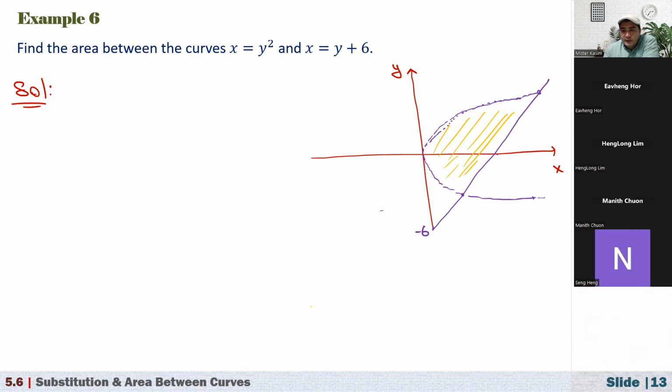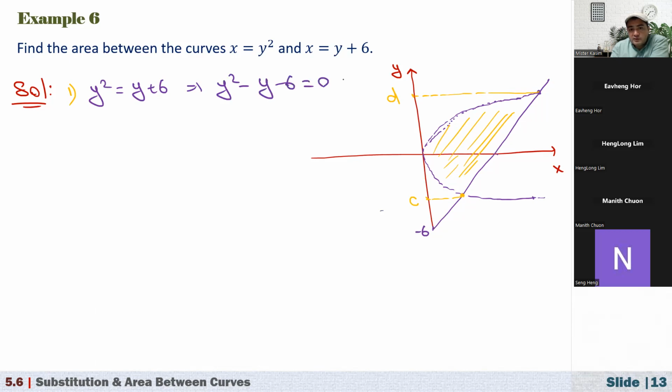Now to do this, first we need to find their intersection points, where they intersect each other. Let's say this point is C and this point is D. We are doing everything with respect to y, so we have to solve this equation: y squared is equal to y plus 6, or y squared minus y minus 6 is equal to 0.